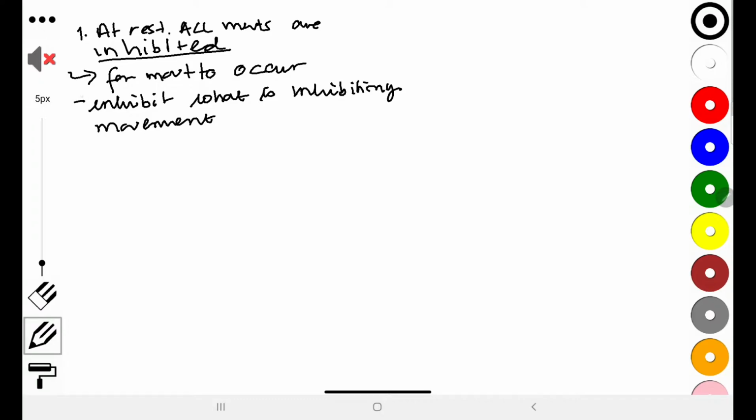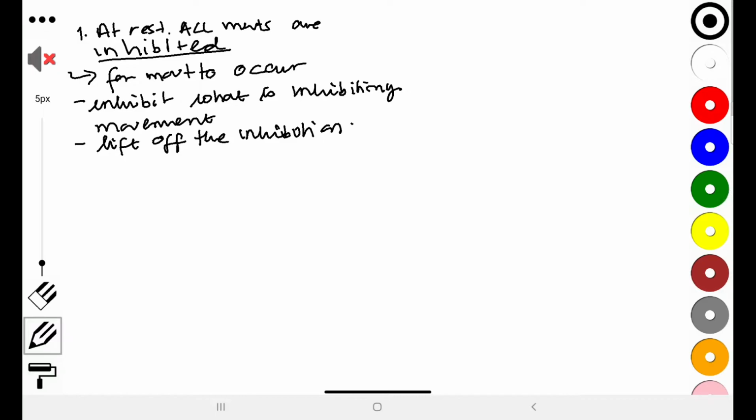So another way you can put this is, in order for movement to occur, you need to lift off the inhibition. Now, once this happens, then of course movement can take place.